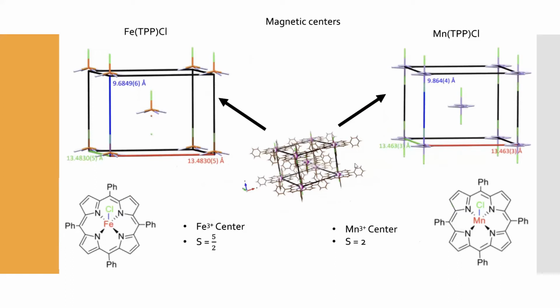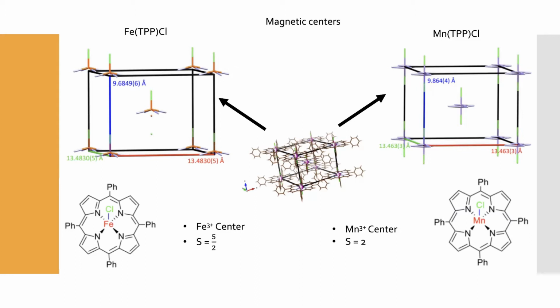So here are the crystal structures and molecular structures of the compounds that we'll be investigating. On the left, we have our iron-centered metalloporphyrin compound, which has an iron 3+ ionic center and a total spin of 5/2. On the right, you'll see the manganese-centered sample, which has a manganese 3+ center with a total spin of 2.